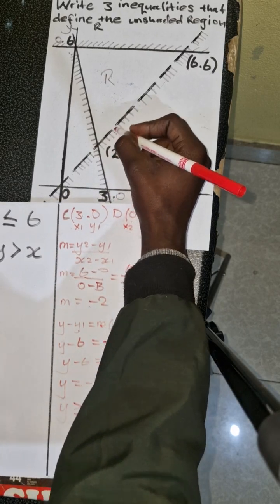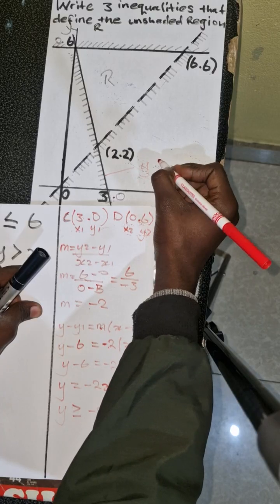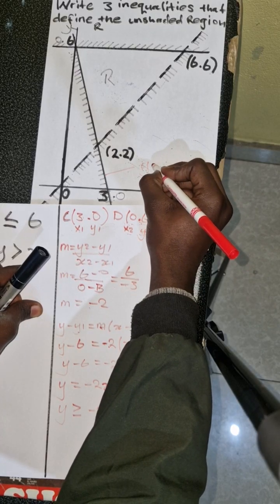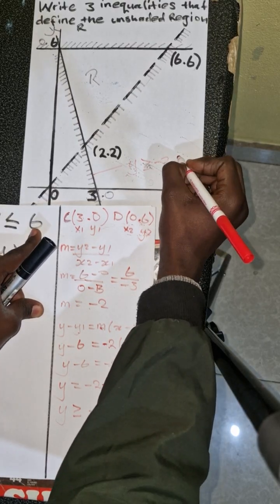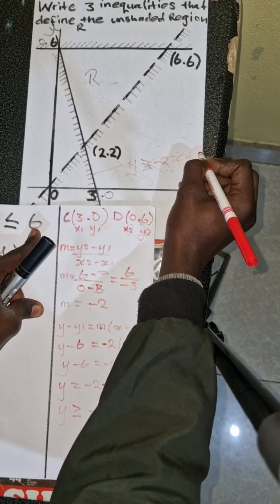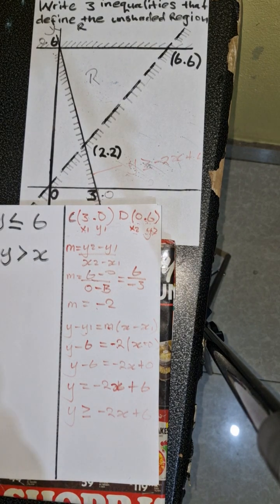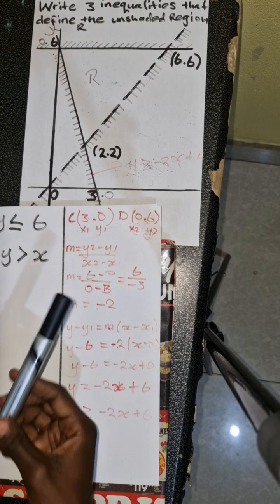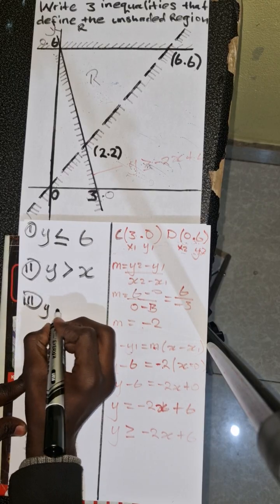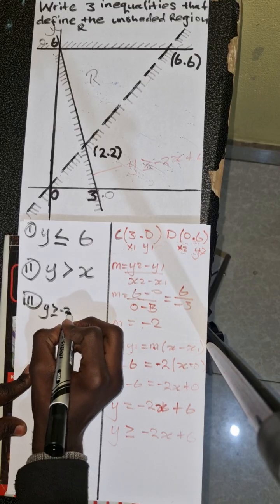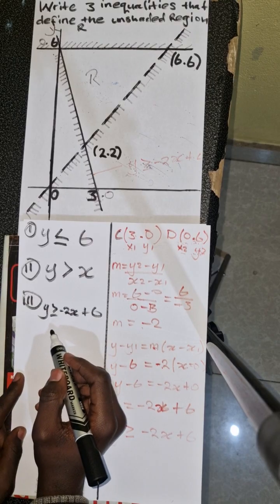So this is the equation. I'm going to indicate here: my y is greater than -2x positive 6. This is the equation.